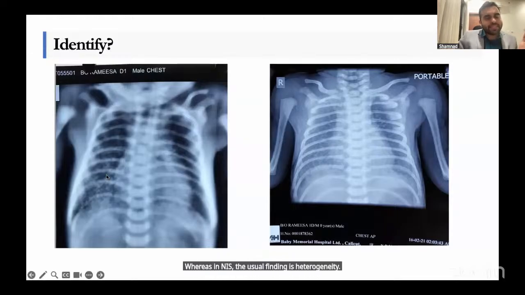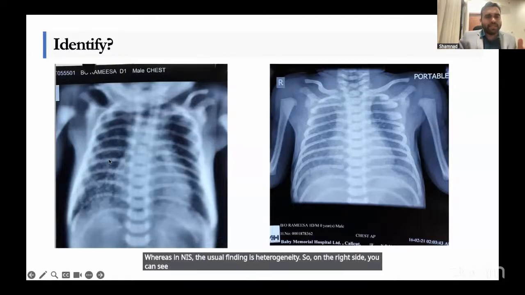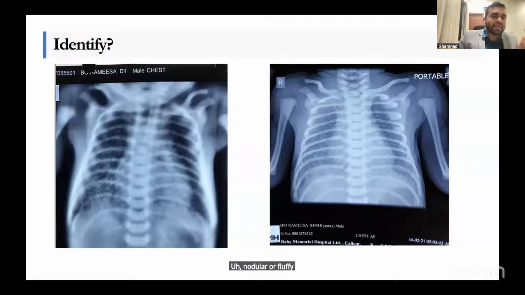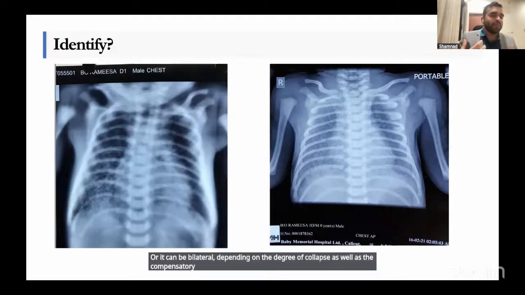So on the right side, you can see some opacities. The typically described finding of MAS is nodular or fluffy infiltrates that can be unilateral or bilateral, depending on the degree of collapse as well as the compensatory or ball valve air trapping mechanisms.